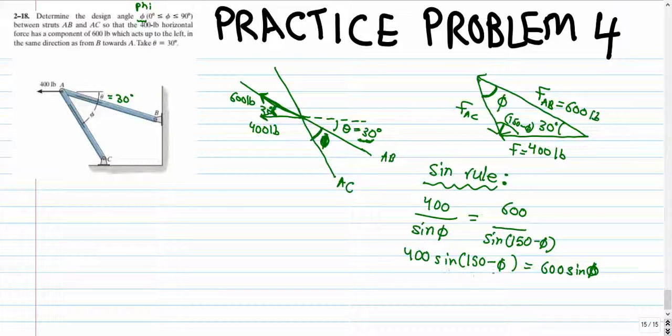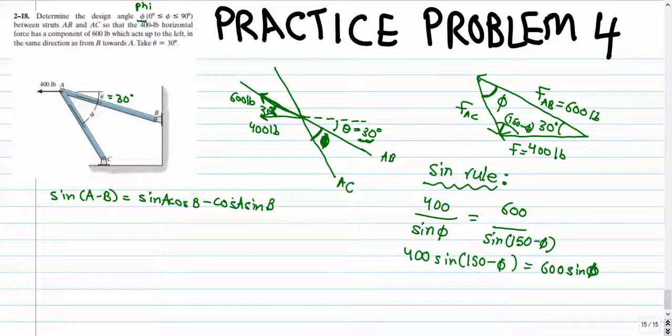So we can expand this by using the formula that you need to memorize, and that formula is sine of A minus B. I'll write it right here. Sine of A minus B is equal to sine of A cos of B minus cos of A sine of B.